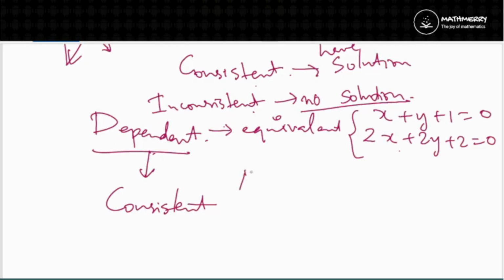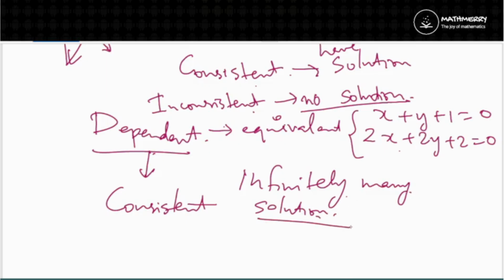Even though they have infinitely many solutions, they still have a solution, so we can categorize them as consistent. If they have no solution, we call them inconsistent.